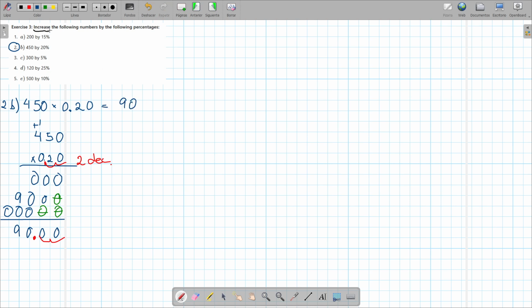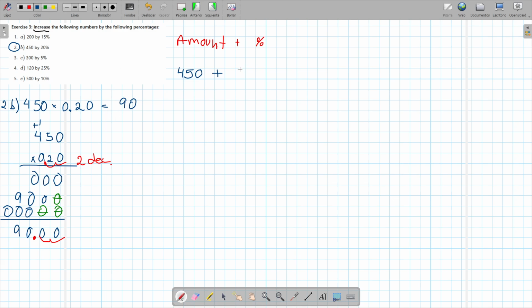Okay, so when the question is telling me to increase this, what I have to do is to take the original amount and add the percentage. So in this case, the original amount is 450, and I have to add the percentage.